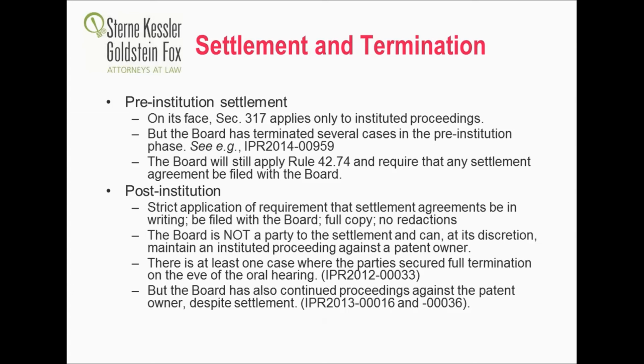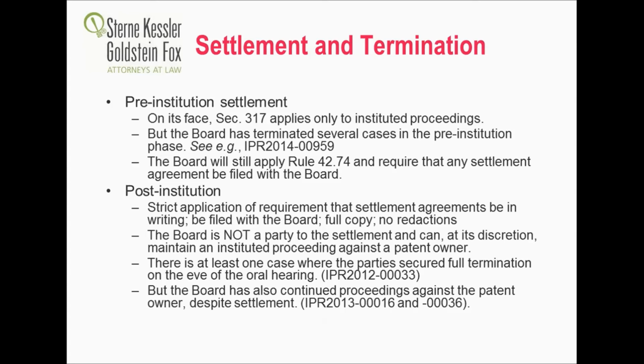Now, on its face, Section 317 applies only to instituted proceedings, but there have been at least 7 cases that we're aware of where in the pre-institution phase, parties have reached settlement, have requested termination of the proceeding, and proceedings have been terminated. Now, one of the requirements to file a joint motion to terminate is that any underlying settlement agreements must be in writing and must be filed with the board.